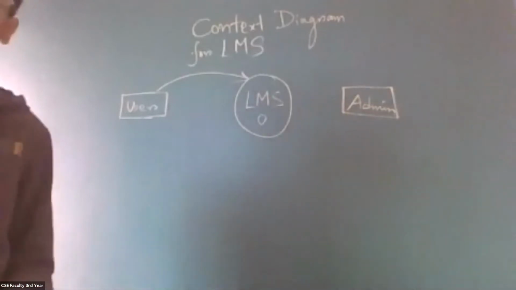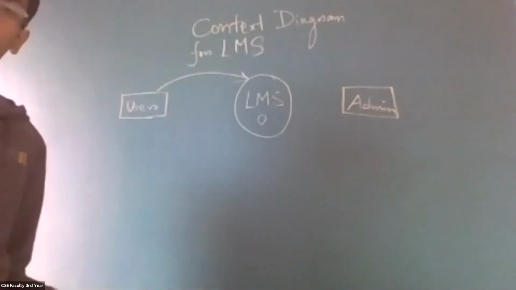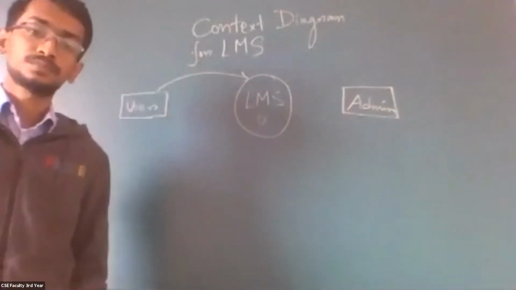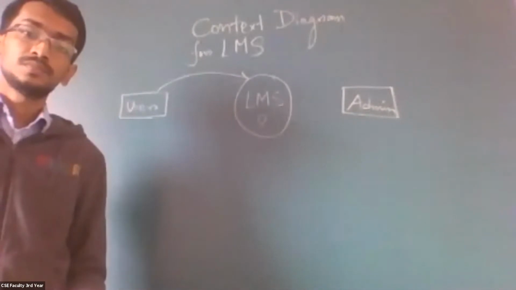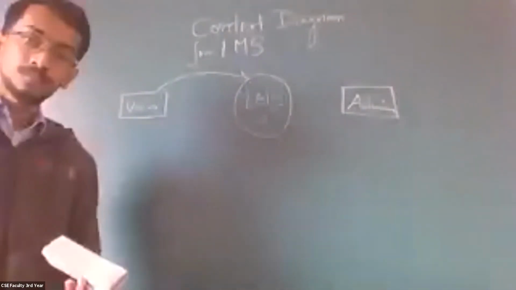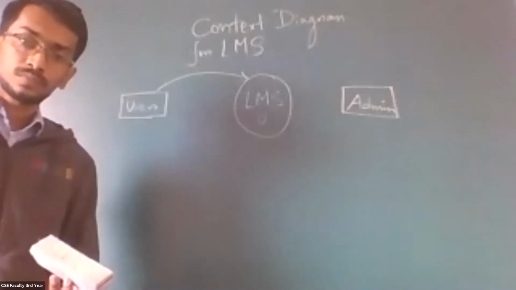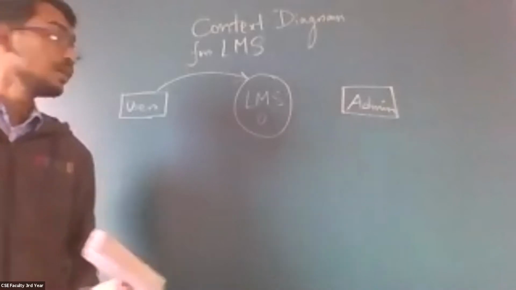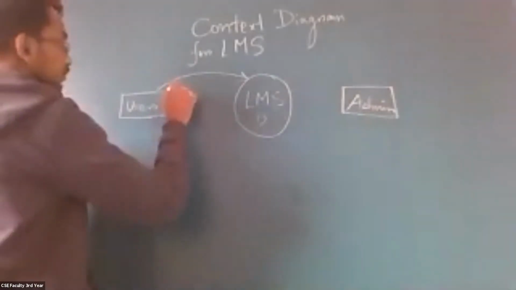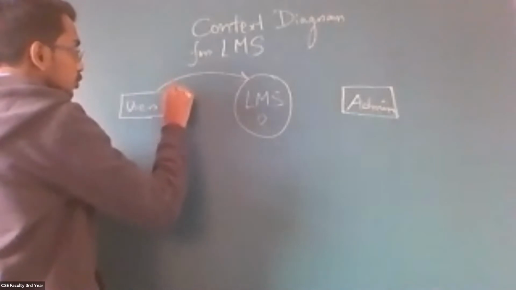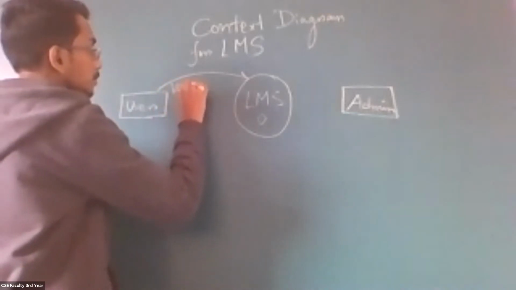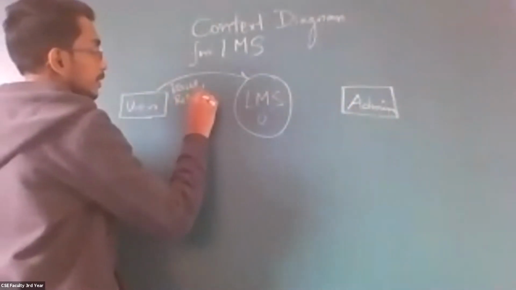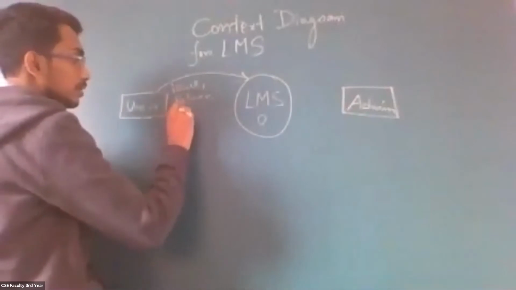What a user can do in the library, he can take a book, means issue. He can renew the book, and the last process is return, right? So a user can issue, return, and renewal.